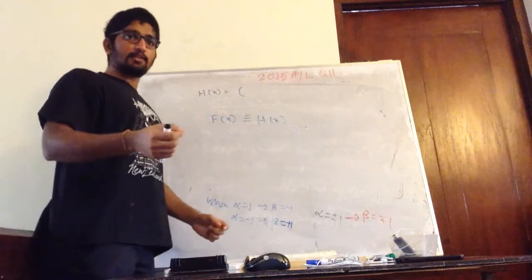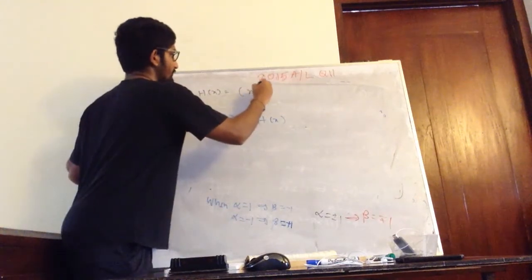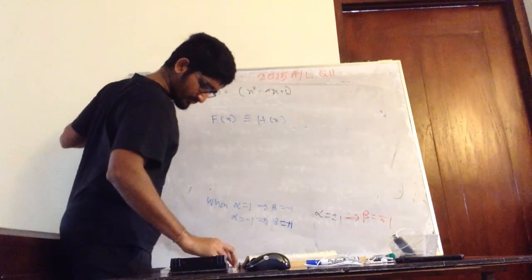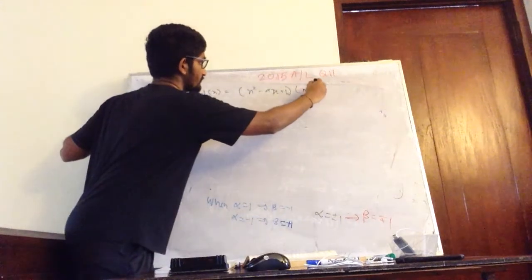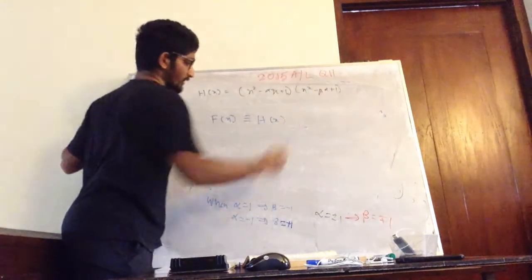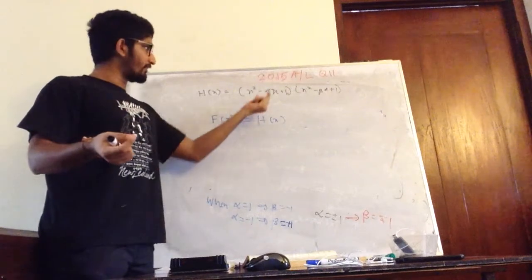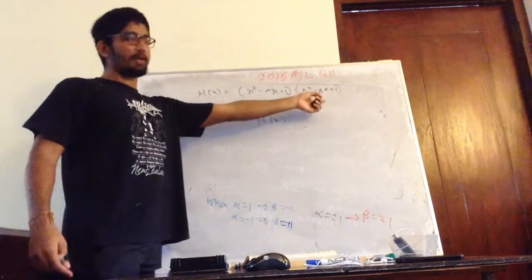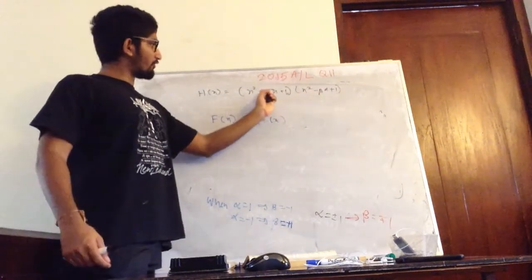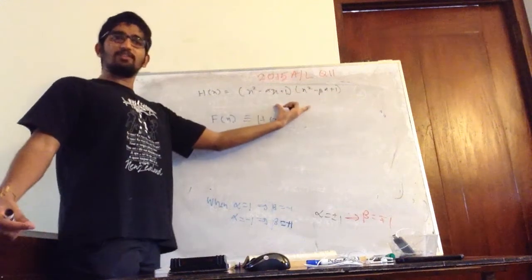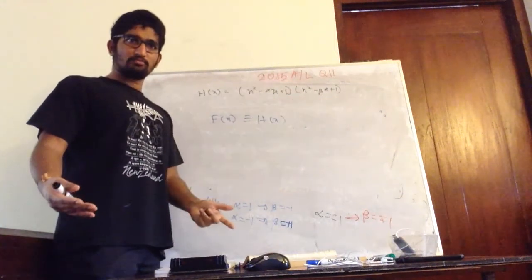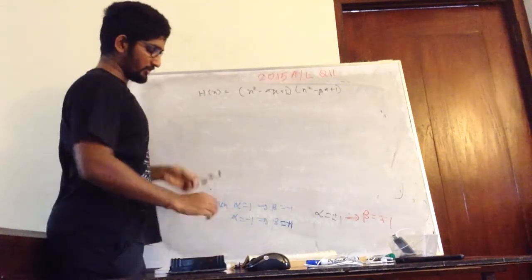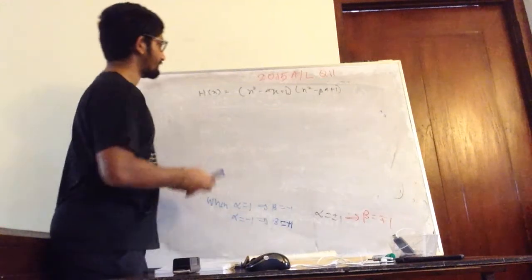So now let's consider the possibilities. When alpha is equal to plus 1, this will be minus 1. When alpha is equal to minus 1, this will be plus 1. So either way this will come to the same thing. Right? So that is one thing you need to understand here. So then we can proceed with the sum.